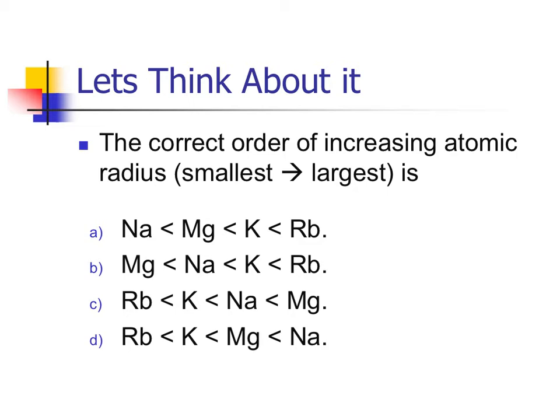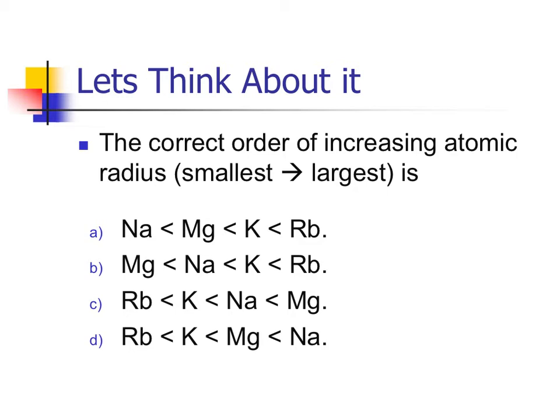Now, what we have to then look at and think about is which one of these is going to be bigger? Because that's going to be the difference. If magnesium is going to be bigger than sodium, A would be the answer.